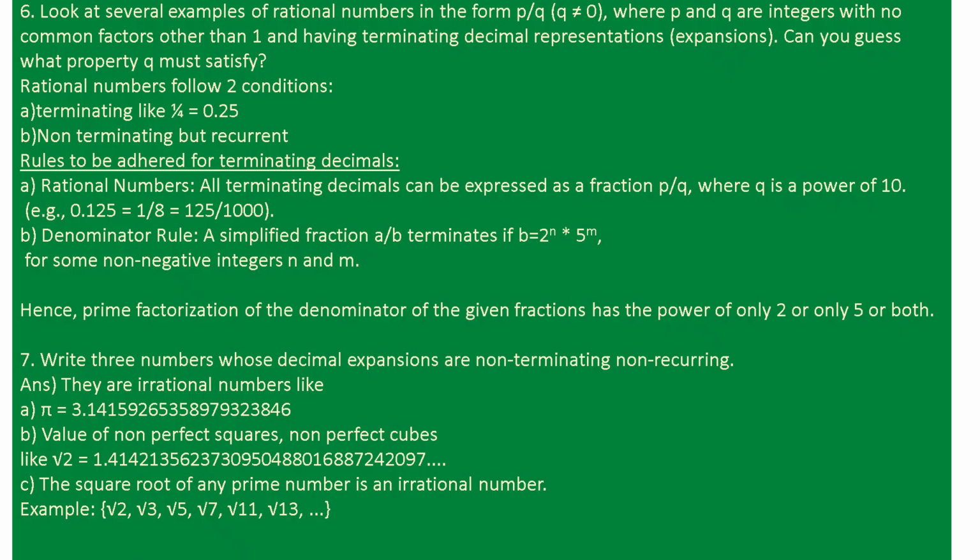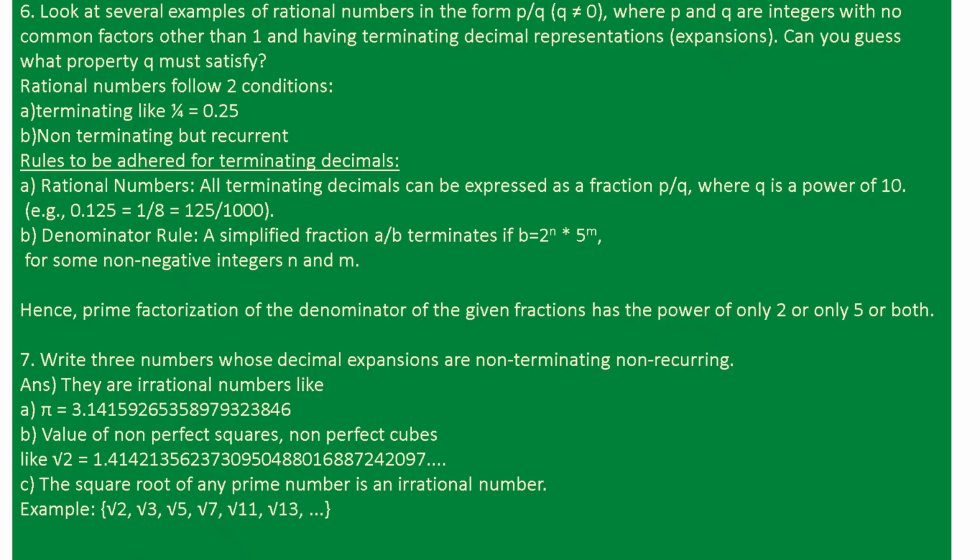Or the denominator q could be represented as 2 to the power of n times 5 to the power of m. In both these cases, if it satisfies them, then we can say that the rational number is of the format terminating quotient. The prime factorization of the denominator of the given fractions has the power of only 2 or only 5 or both in this case.